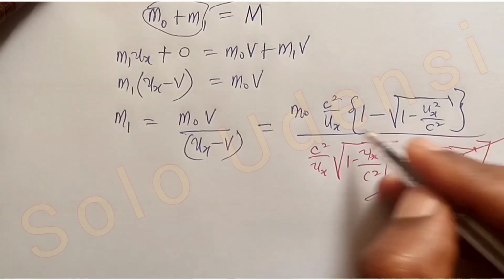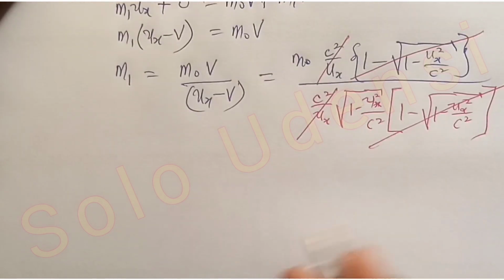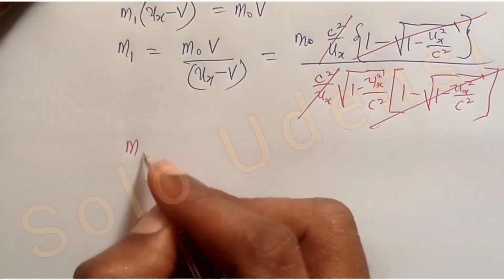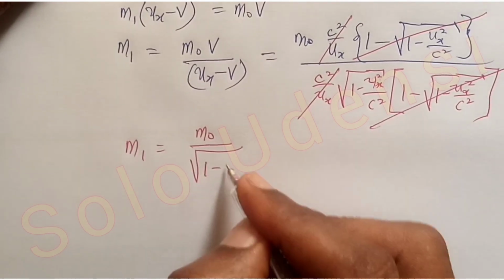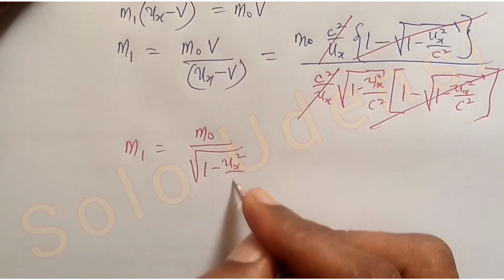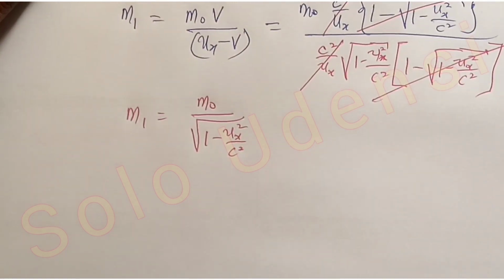So this one will cancel this one, will cancel this one. So we are left with m1 is equal to m0 over the square root of 1 minus ux squared over c squared. So that is the variation of mass with velocity.